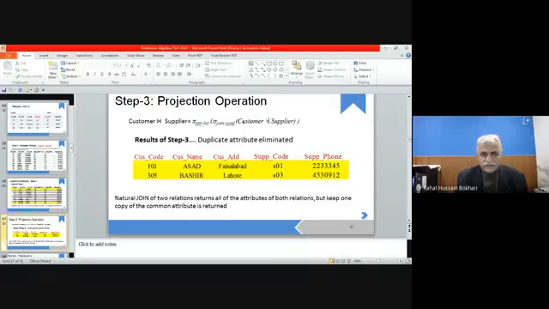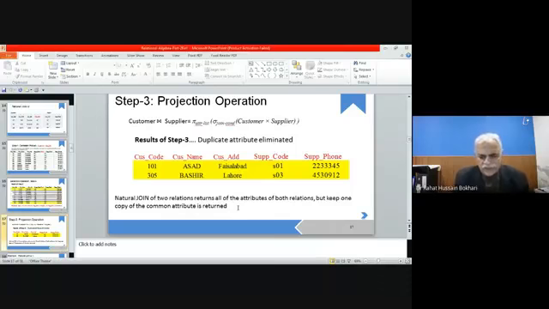We have to say this is the relation for which we take our cross product, customer and supplier, and the join condition. In order to filter the records, we use the sigma operator, the selection, then the projection operator. So the natural join of two relations returns all the attributes of both relations, but only one copy of the common attribute is returned.